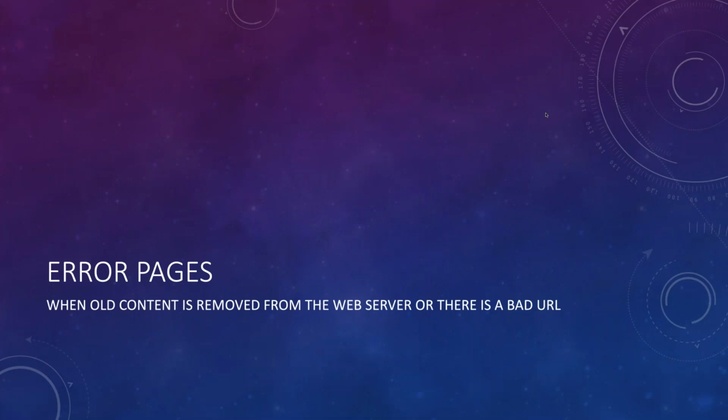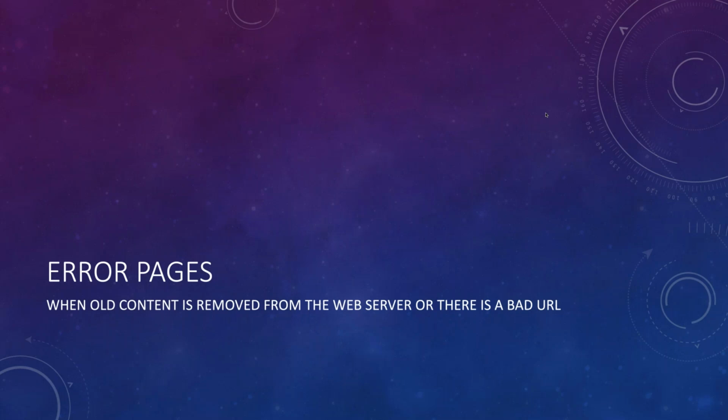Okay, and then finally, let's talk a little bit about error pages. When you're managing web servers, there's always the possibility that you may remove content from the website, and links to that content are still out there somewhere on other people's websites.